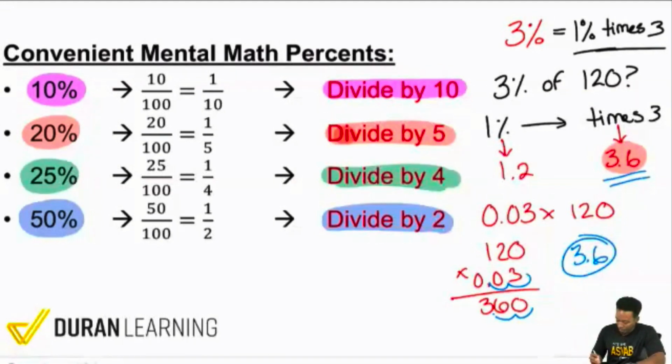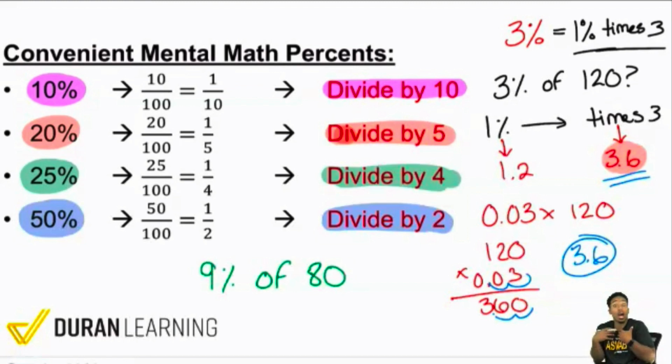So watch this. Let's say I'm looking for 9% of, give me some random number, 80. Let's go and say 9% of 80. So everybody, if I wanted to find 9% of 80, all you have to do is ask yourself intuitively, kind of, not common sense.